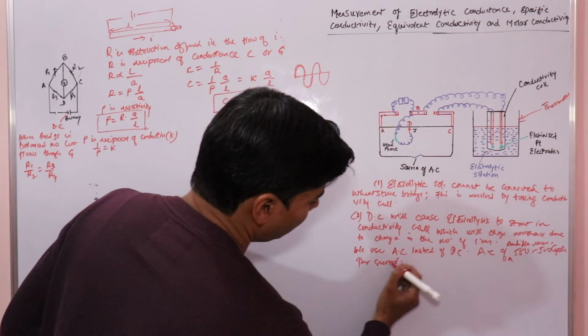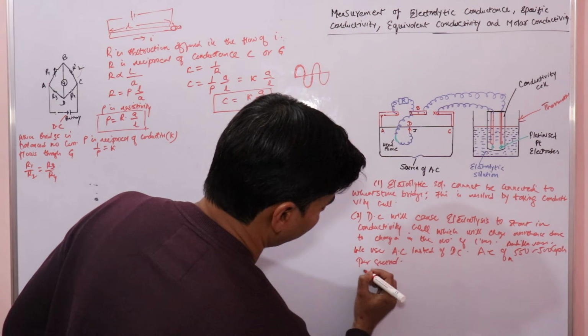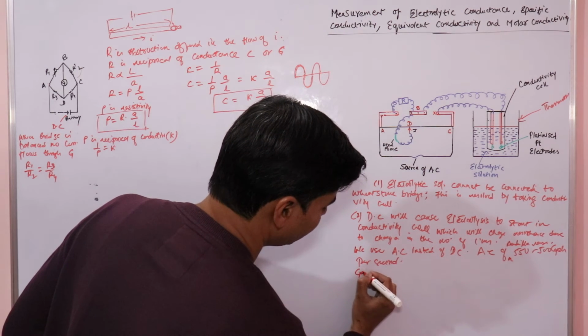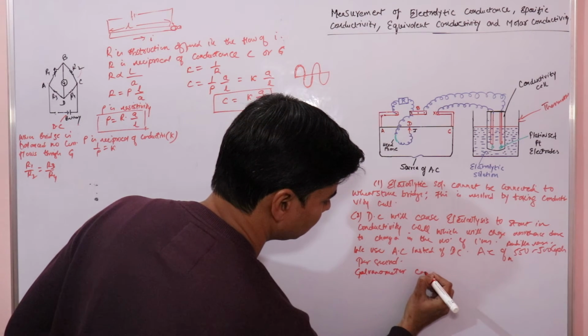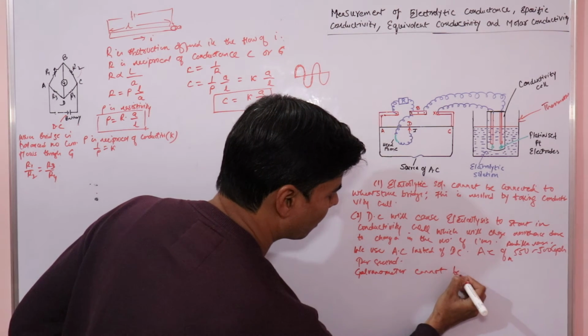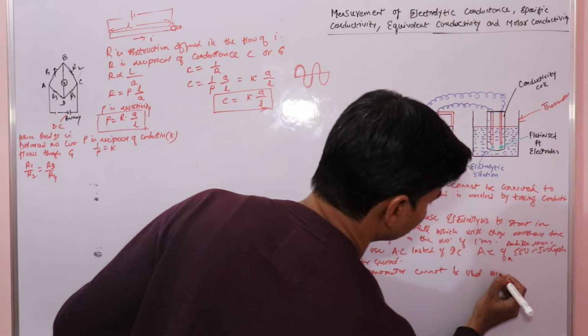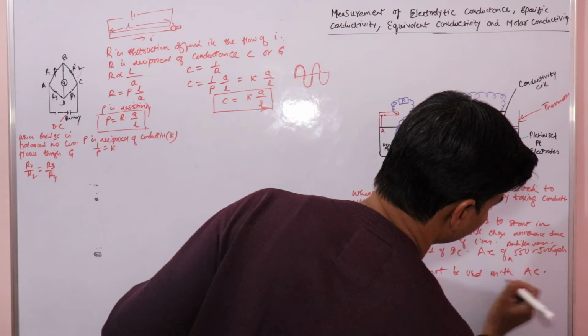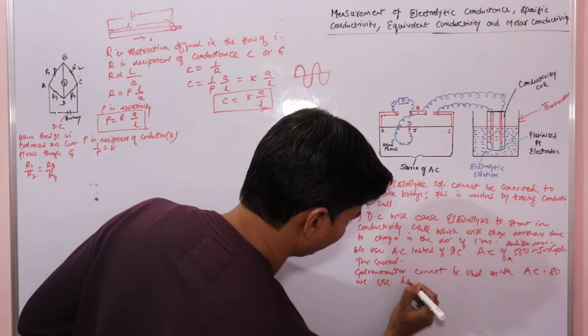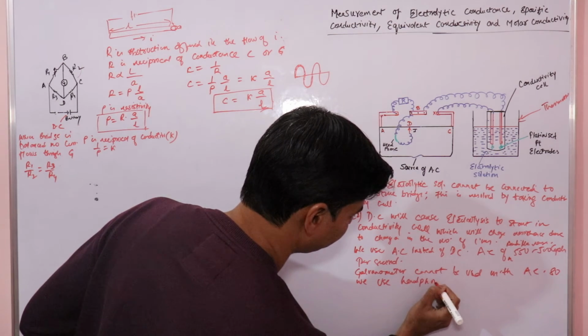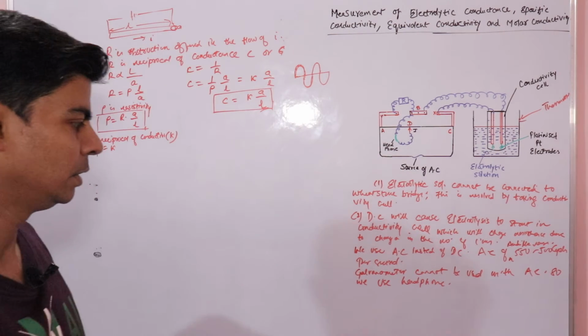So a galvanometer cannot be used with alternating current, so we use a headphone.